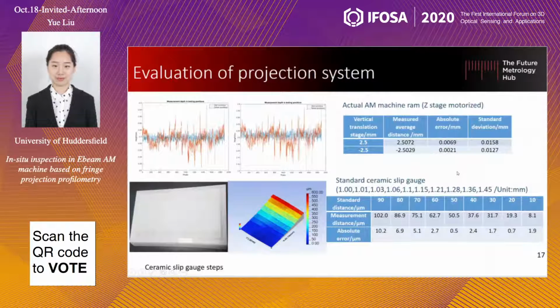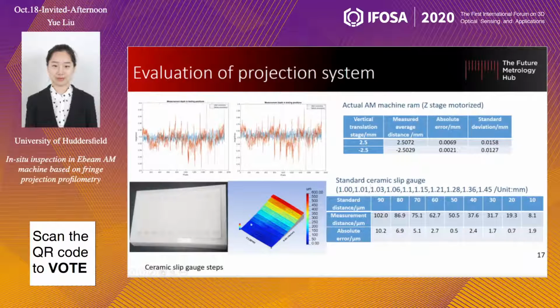And that is the evaluation of this system. I use two methods to evaluate this system. First, I measure the moving distance with the interferometer and compare it with my measured result. The absolute error is around 6.9 micrometers, and the standard deviation is around 16 micrometers.